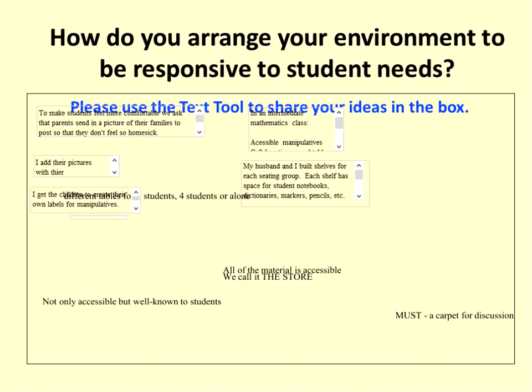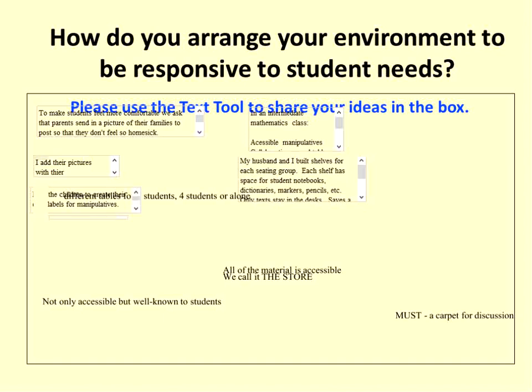So, on the carpet for discussion, I like that part too. It's really interesting to see the different things that people do here to both make the students feel welcome in the classroom, but also have more control over the classroom, as well as the actual setup themselves. I like seeing the overlapping pieces between the primary and junior classrooms as well as the intermediate.